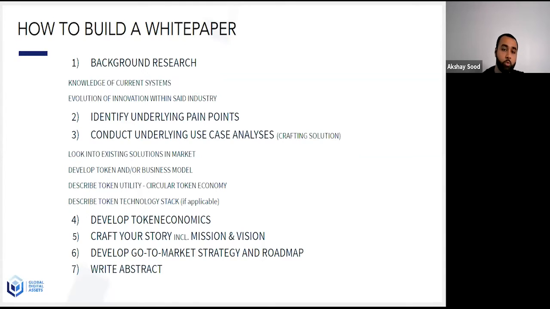And that is when you conduct an underlying use case analysis. You say, okay, how are you going to A, solve for it, and B, how is blockchain going to make it easier, or produce more value for the end user in the long run?